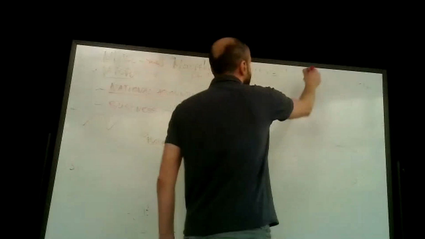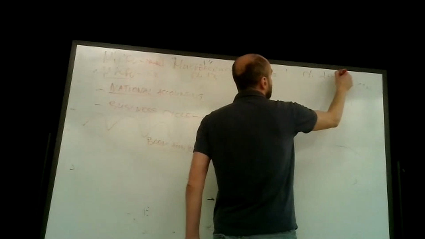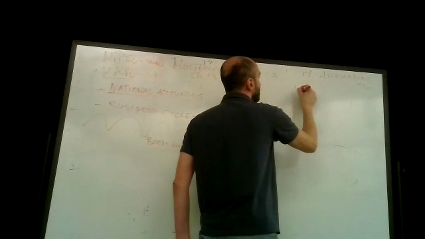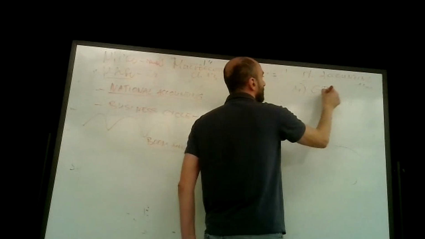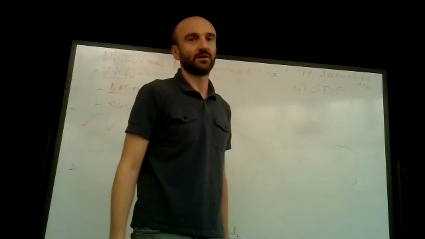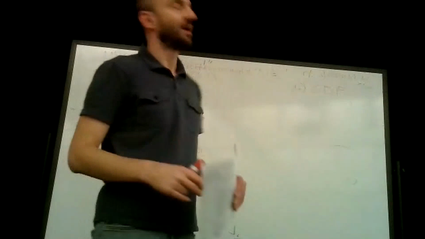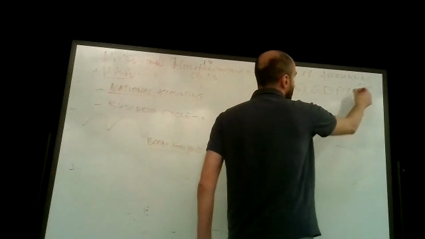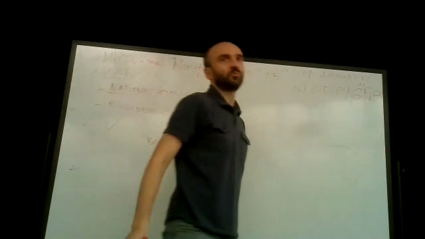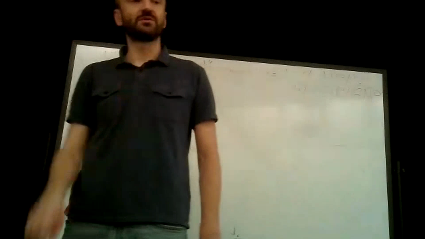The first one is something called gross domestic product, or GDP, and the closely related concept of gross national product, or GNP. GDP is more important, but for certain purposes, GNP is used. I'll explain in a moment what all of them mean.